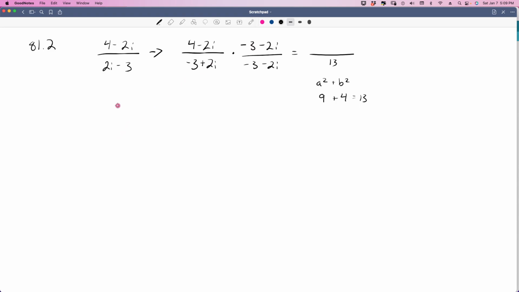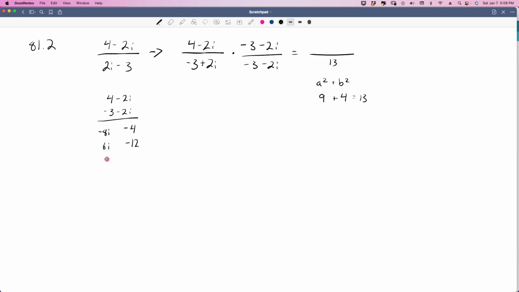Let me conjugate the numerator. 4 minus 2i, negative 3 minus 2i. That's going to be a negative 2 times negative 2 is going to be a positive 4 times i squared, so that's going to be a negative 4. We have a negative 8i and a positive 6i and a negative 12.